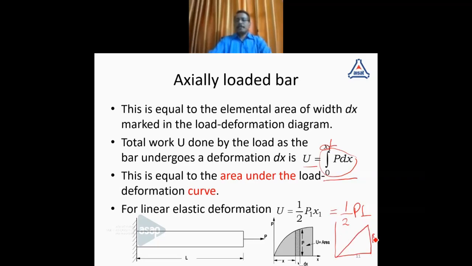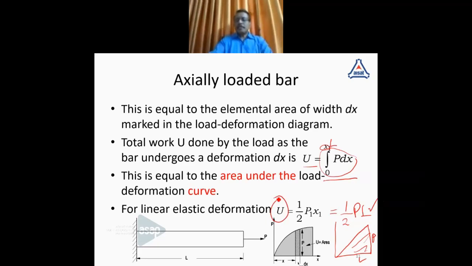This is P and this is L. So the area of a triangle is there, and that is given by half of P into L. So this is how we evaluate the strain energy of deformation. So in any case, we can determine this area under the curve by suitably representing this particular problem as an equation which is to be integrated.